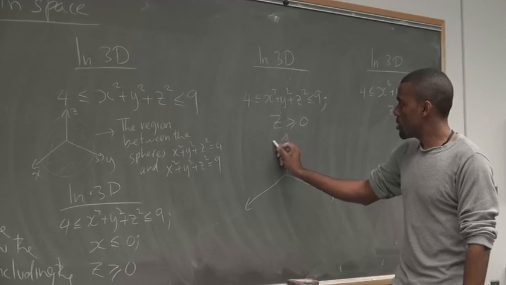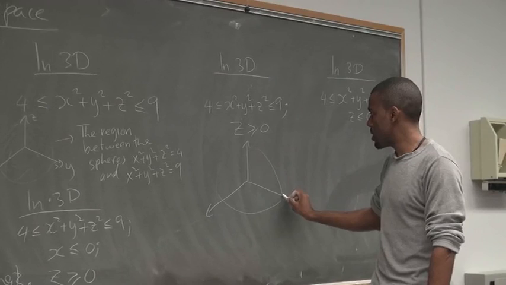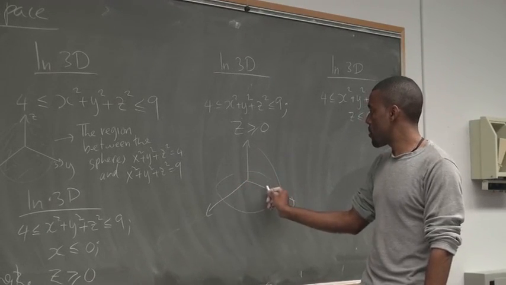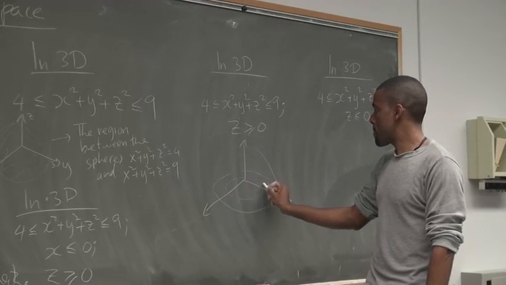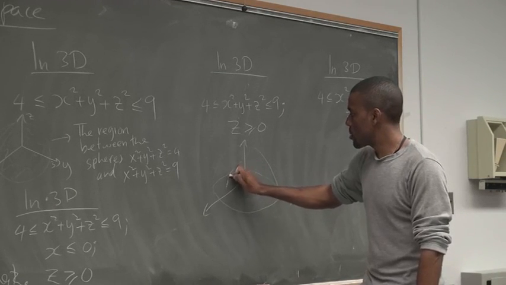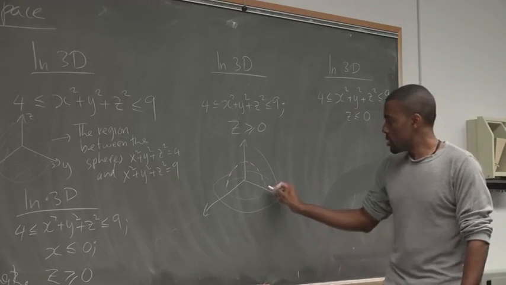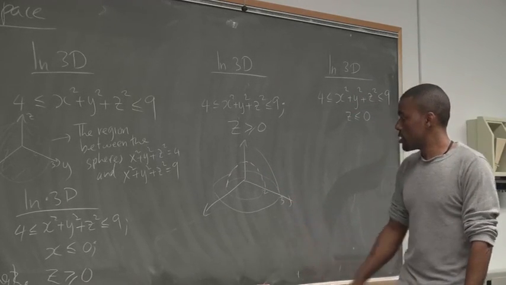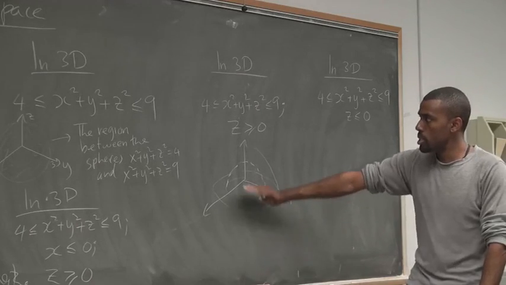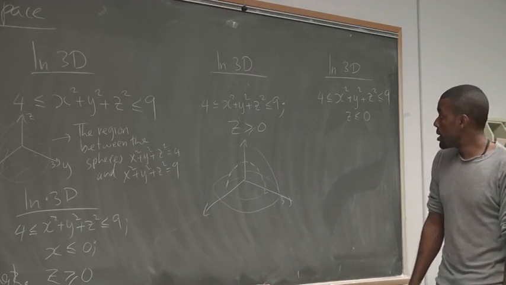Except now, you only want the top half of your sphere. So there's a sphere of radius 2, there's a sphere of radius 3. You want everything in between them, but where z is greater than or equal to 0, meaning it's above the xy plane.